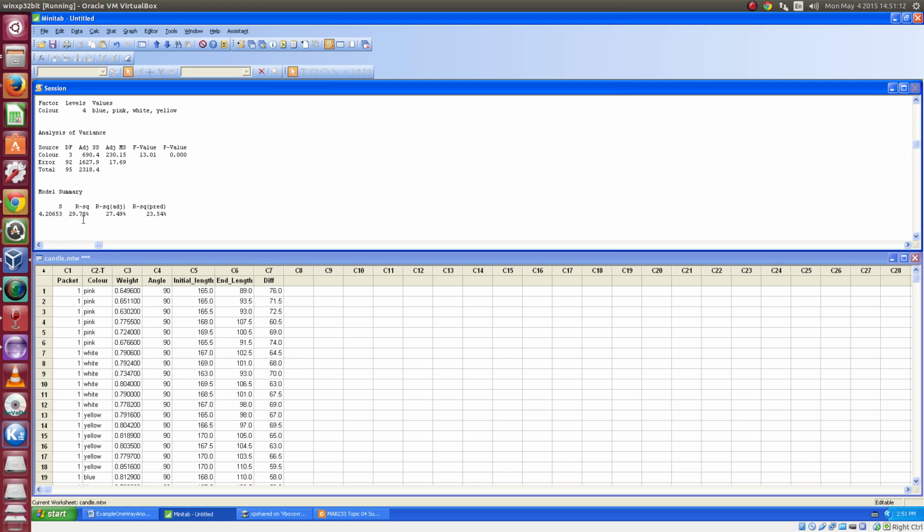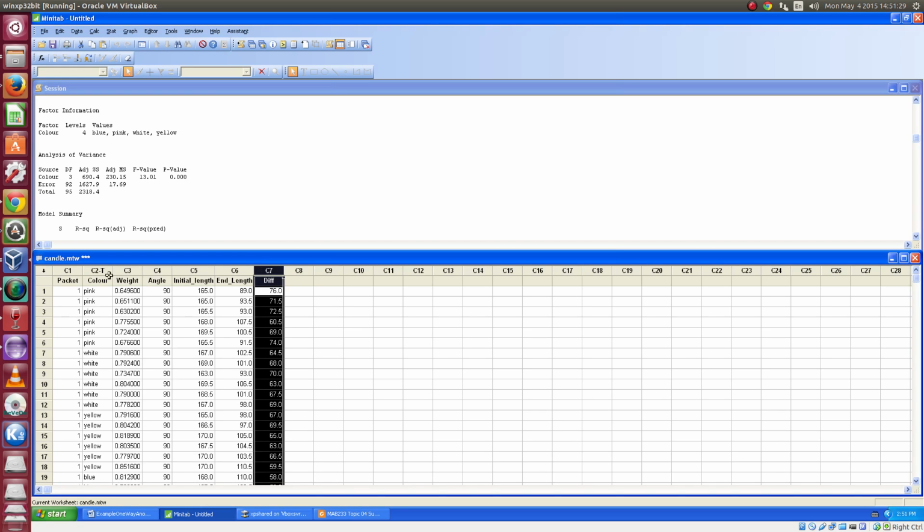Okay. Now the R-squared, as I was saying before, essentially what we've done in terms of this test is we've tried to define a model in which we're measuring the difference based upon the different colors. Now, essentially when you're performing any statistical analysis, in this case we're only measuring the relationship, the response, and we've only got one predictor in this case, which is the color.